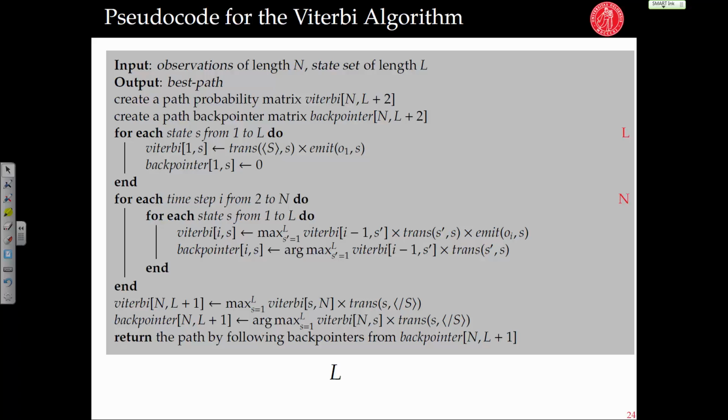Then we have a loop from 2 to n, where n is the length of our observation sequence, our input, the sequence of words. We also have another for loop running from 1 to L, and yet another one. But where is that?